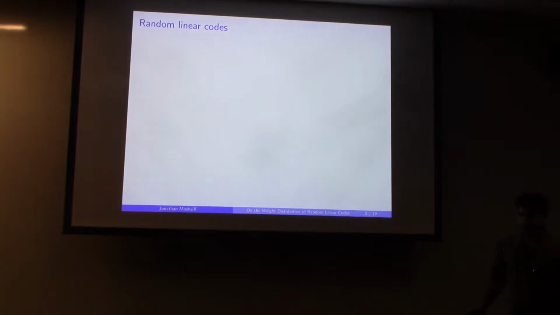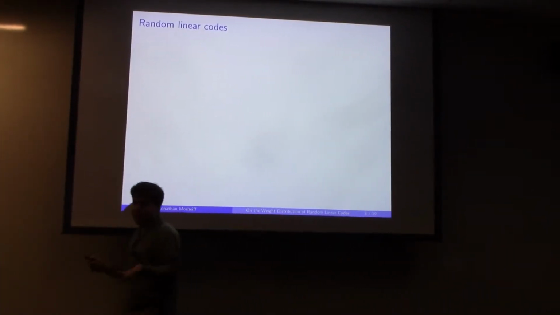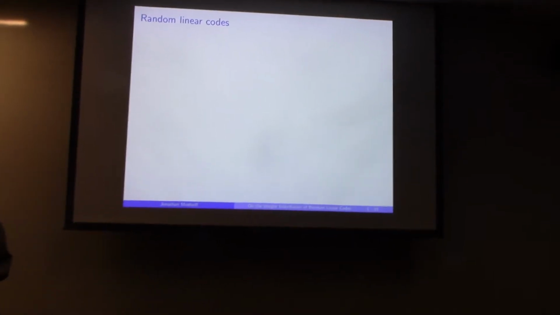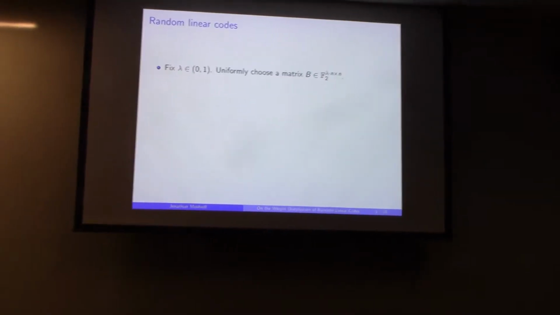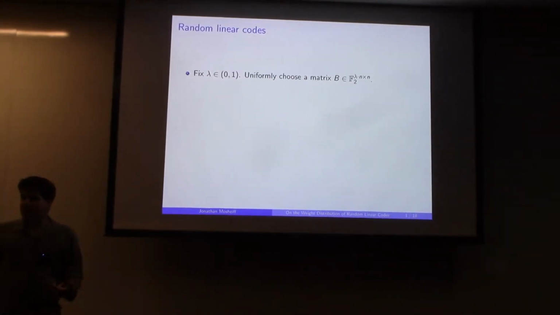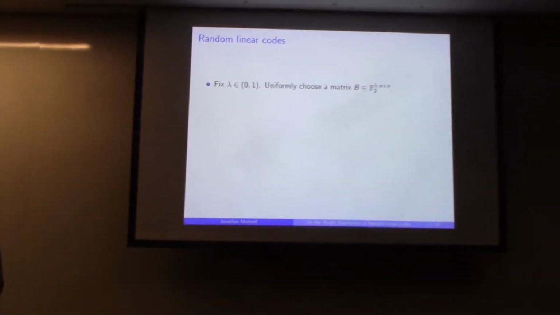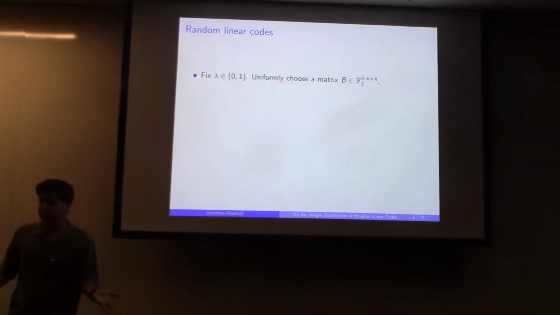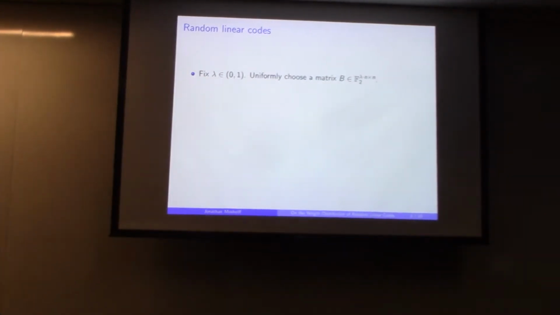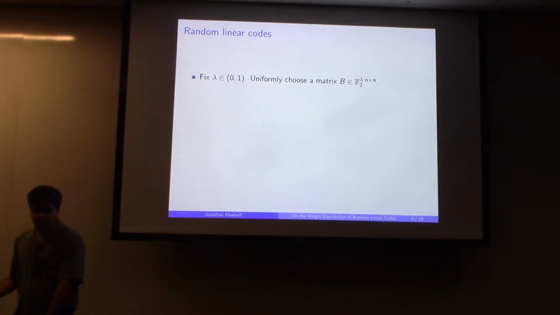We're going to talk specifically about one of the most basic constructions of codes, which is that of random linear codes. So what's a random linear code? I just want to take my code to be some random linear subspace of F2 to the n. So what's a way to generate a random linear subspace of F2 to the n? I fix some lambda, which is going to be the relative codimension of my code.